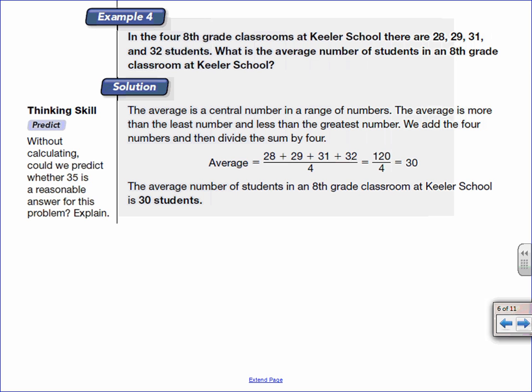In the 4 8th grade classrooms at Keeler School, there are 28, 29, 31, and 32 students. What is the average number of students in an 8th grade classroom at Keeler School? So the first thing that you do to find the average is you add the numbers up. So 28 plus 29 plus 31 plus 32.